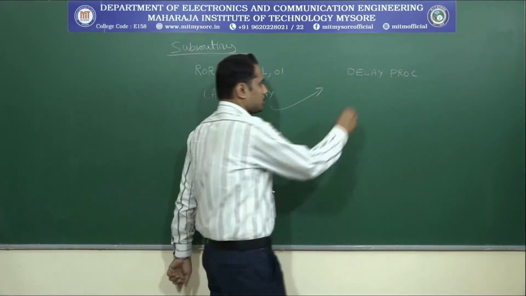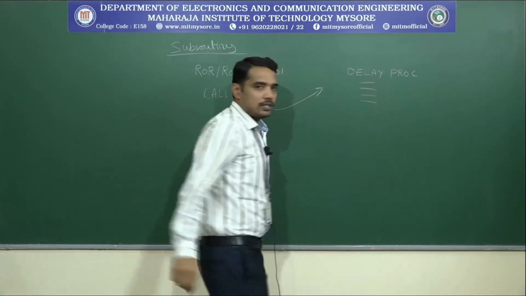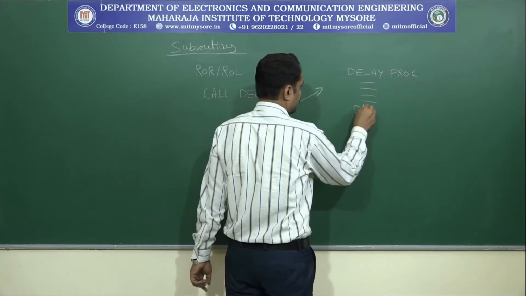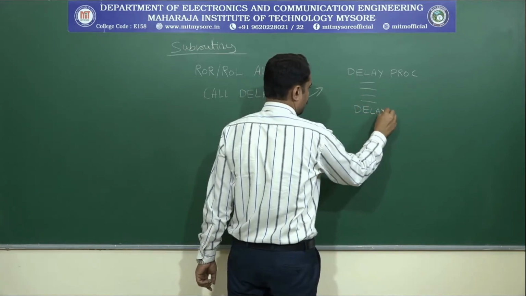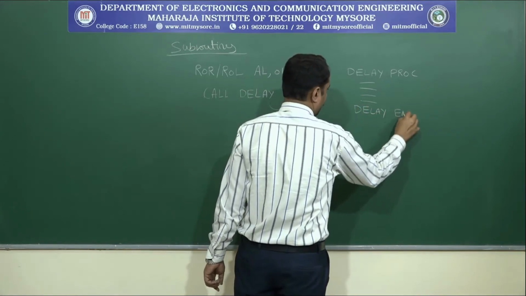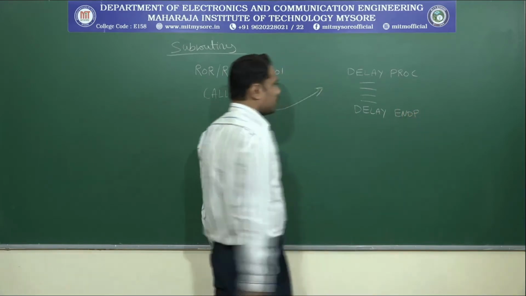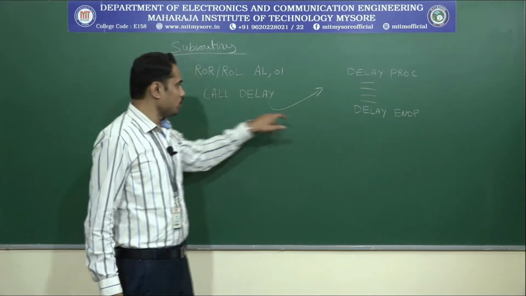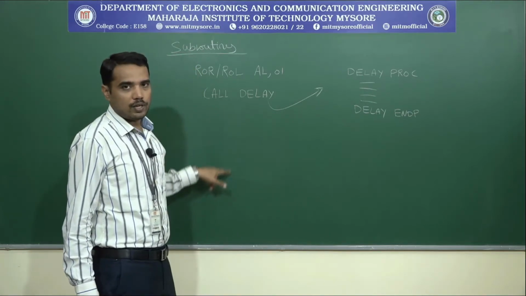There we can see the program for introducing delay, and after that the subroutine is ended with ENDP. That means the procedure has ended. After that we resume our normal flow of operation.